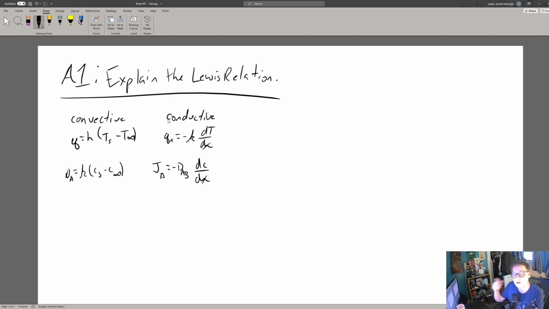All right, so if we look back at a previous example that we've done, we know that the Sherwood number is equal to the mass transfer coefficient times the diameter divided by the diffusivity.